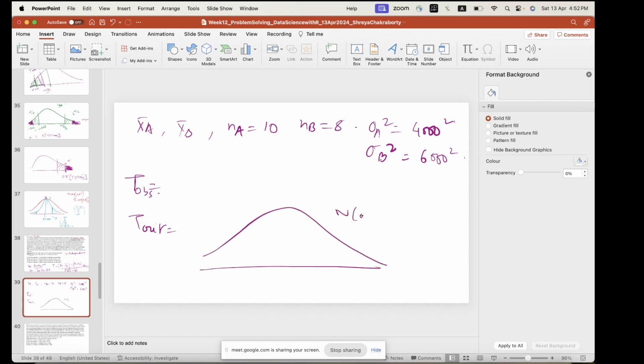Let's say this is a normal 0 1, so the point such that area below is alpha by 2 and area above is also alpha by 2, that is 0.025. For normal 0 1 we know this point is 1.96 and minus 1.96.